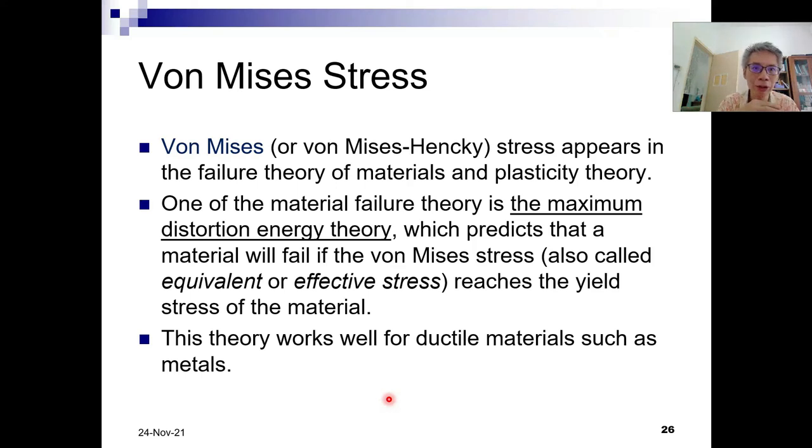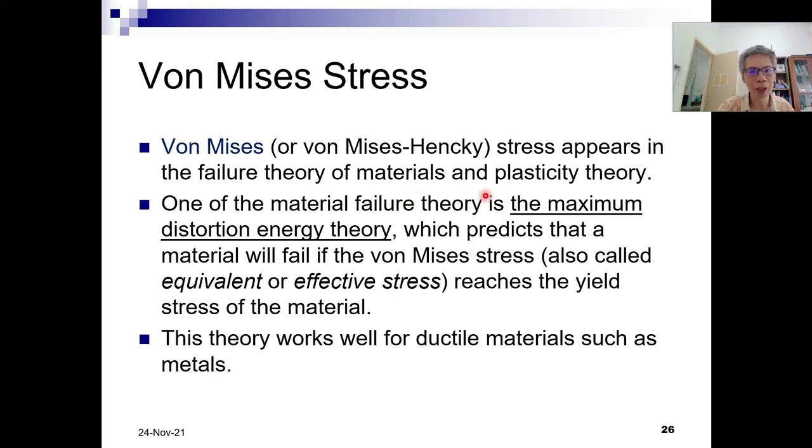Well, let's now talk a little bit, just a brief overview of the von Mises stress. Aside from principal stresses, your software also may have an option to display the stresses in terms of the so-called von Mises stress. What is this? Well, von Mises stress, or more completely von Mises-Hencky stress, appears in the failure theory of materials or in plasticity theory.